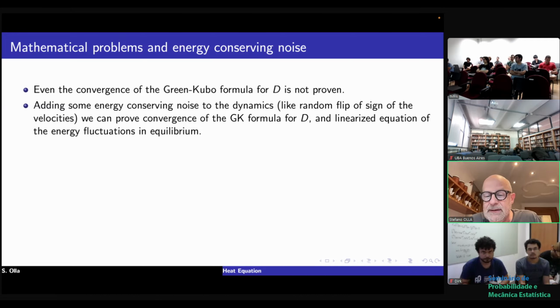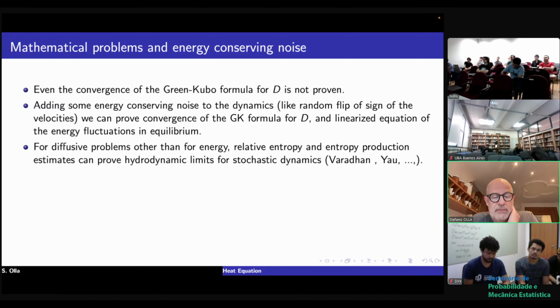In the general case, for diffusive problems that are not the energy, you have a technique based on relative entropy production, with which you can prove hydrodynamic limits for stochastic dynamics. This is the line that started with Varadhan and Yau, and I've been working on it, and many people, Claudio, many people worked on this line. Always with noise inside the system.